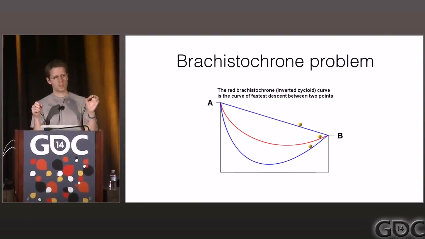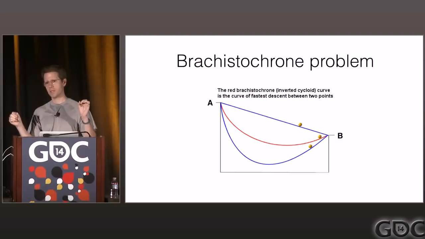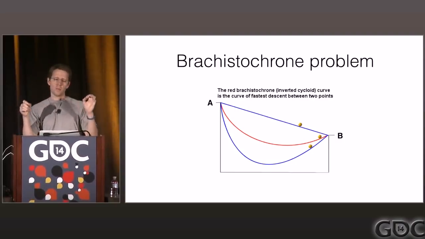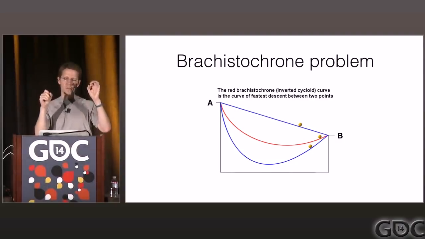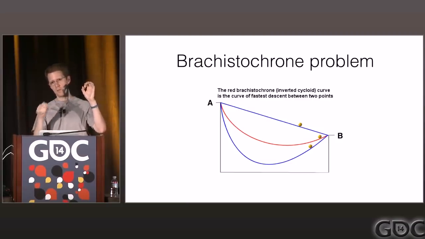Normally when you think of the fastest way to get from point A to point B, you would say a straight line. But if you're going from some point A to some lower point B, just under the influence of gravity, then a straight line is not the fastest path. Actually, you need the path to dip down.